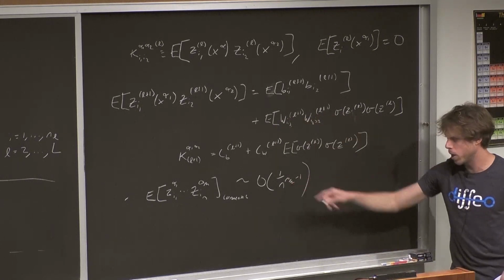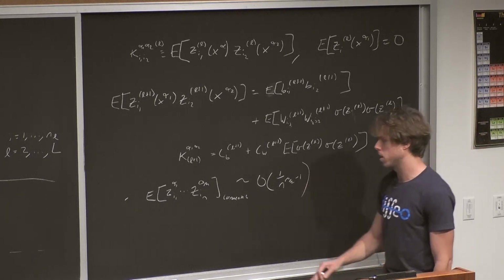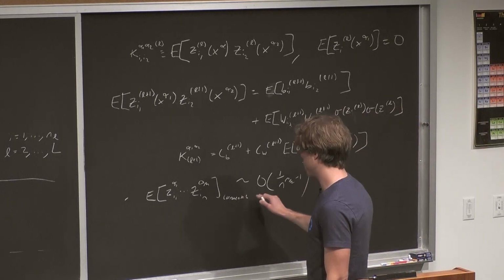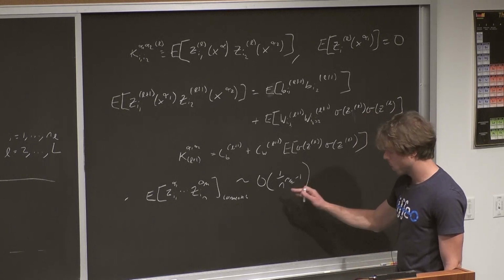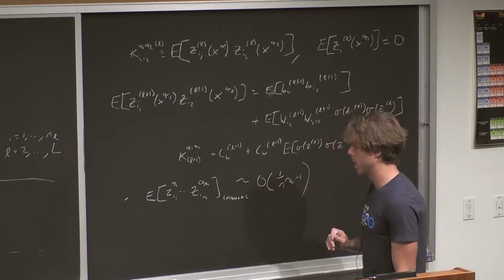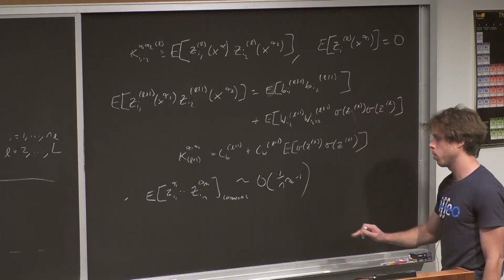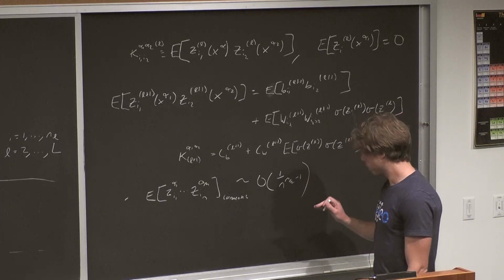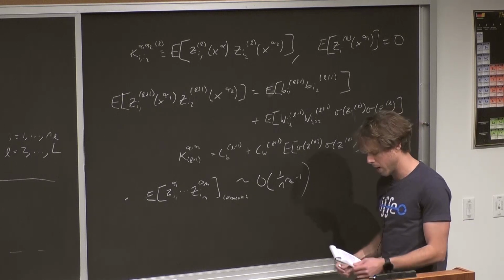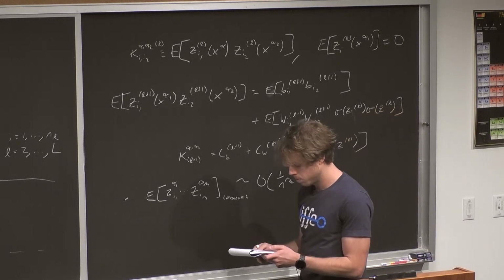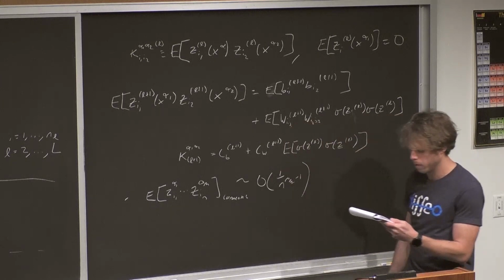So when m is 2, we have something that's finite at large n. The odd ones vanish, I should have said. So when m is 4 or greater, these vanish at infinite n. Otherwise, there are corrections. A physicist would say that only the 2-point function is non-trivial.